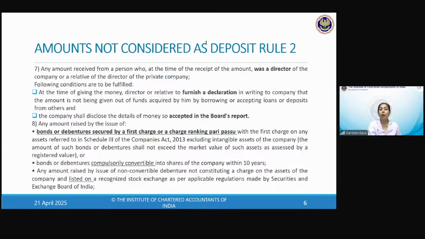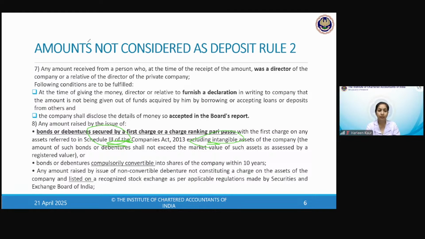So now what is the point? We have understood the meaning of charge and pari passu charge. Here, if the bonds and debentures are issued with the assets for which we are creating charge mentioned under Schedule 3, excluding intangible assets. So can we create a charge against the intangible assets?